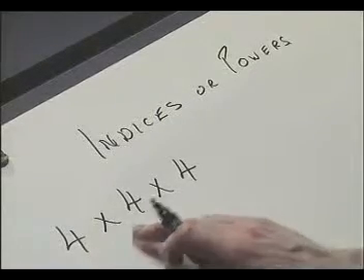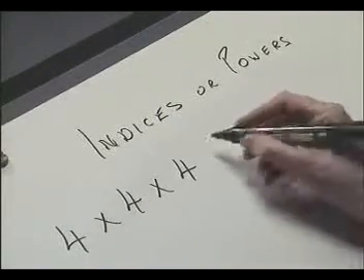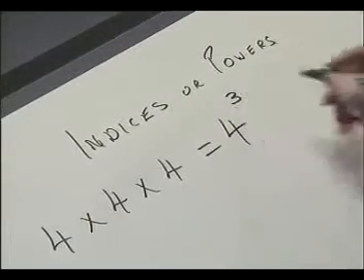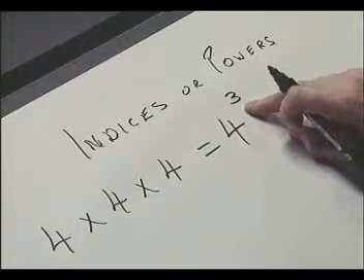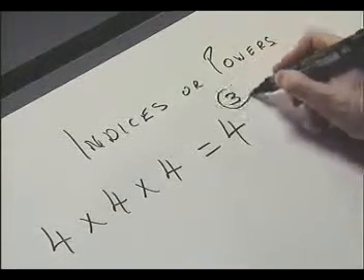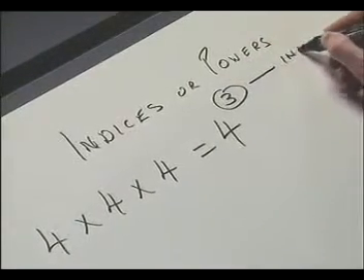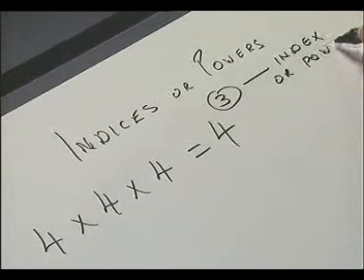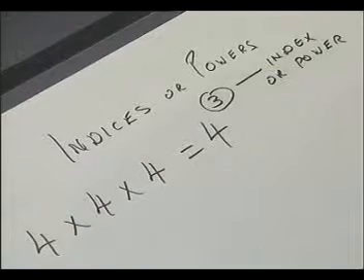So here we have 4 multiplied by itself 3 times. So we write that as 4 to the power 3. So it's 3 that is the power or the index.